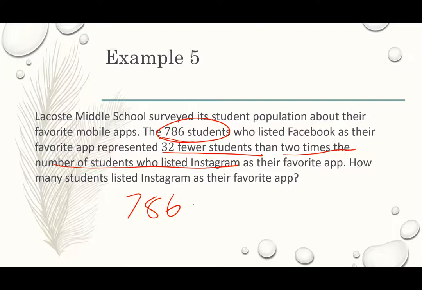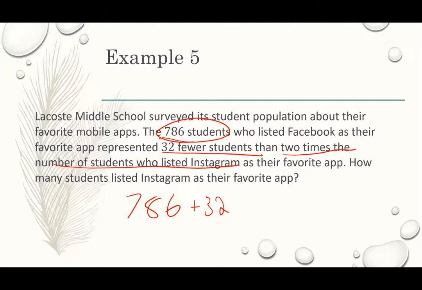So basically, if I add 32 to this, because it's 32 fewer. If you're 32 fewer, then you would need 32 more to get that balance. Is that right? Like if I was short $20, I would have to add $20 so that I can be level again.